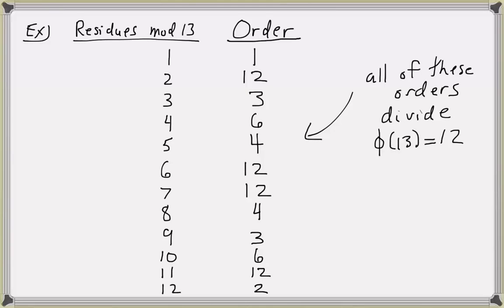So let's go back and look at the residues mod 13. We saw that the order of 2 mod 13 is 12. So the order of 2 mod 13 equals phi of 13. And no smaller power of 2 will be congruent to 1 mod 13. So this gives rise to the definition of a primitive root mod m, which we will define now.